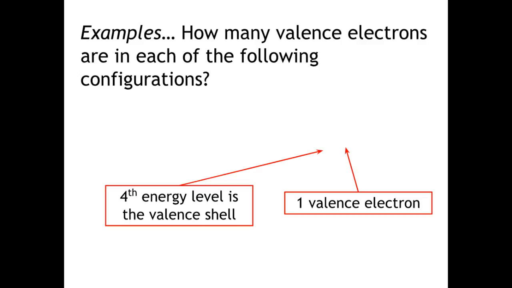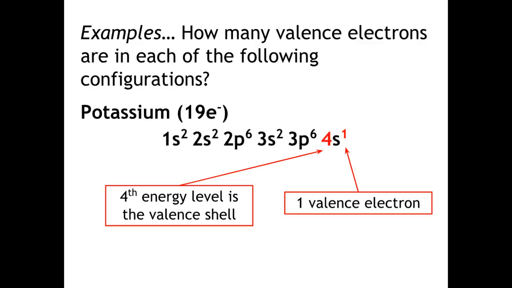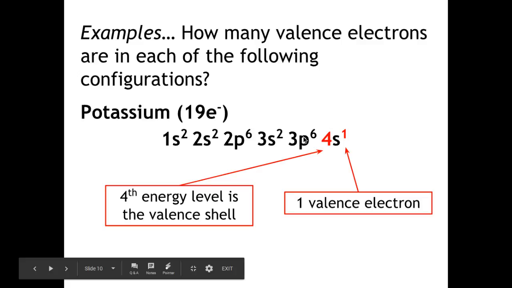How many valence electrons are in each of the following configurations? Potassium. It has 19 electrons. So let's give the electron configuration, which we've done before. 1s2, 2s2, 2p6, 3s2, 3p6, 4s1. Remember, the valence electrons are only in the outermost shell, the highest energy level, which in this case would be 4, because all these are lower energy levels than 4.